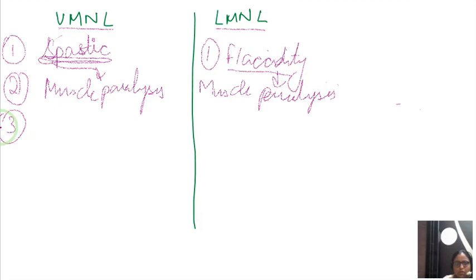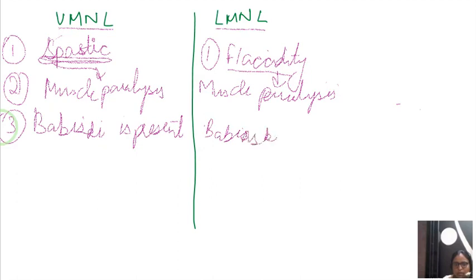Right? And if we see the third point, how will the patient present in the upper motor neuron lesion? Yes, Babinski is present. I hope everybody knows what Babinski is. And in the lower motor neuron lesion, Babinski is absent. Right?